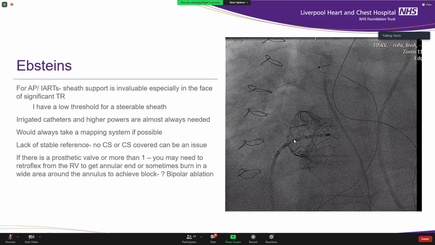What I tried to do initially was retroflex from the RV side back under the prosthetic valve tissue to see if I could get the remnants of the annular signals, but that is difficult, and getting tangled in the valve can occur. And so sometimes you may need to do a wide area of ablation on the atrial side just to help yourself. And bipolar ablation may be an option here.